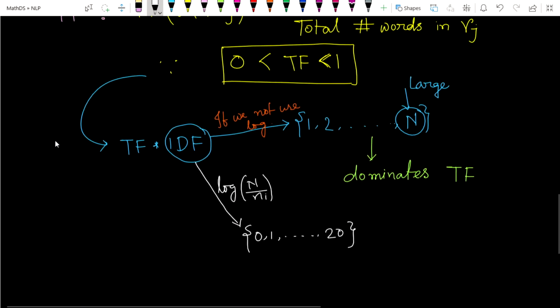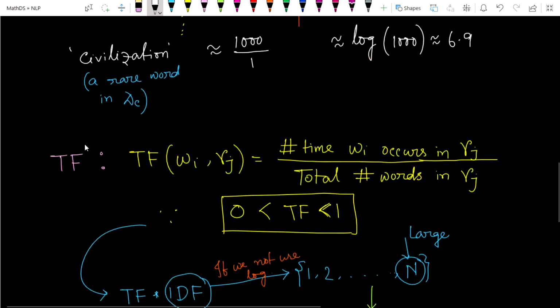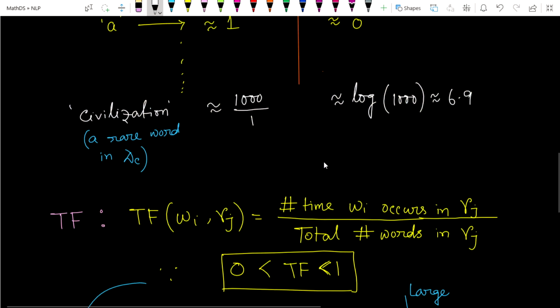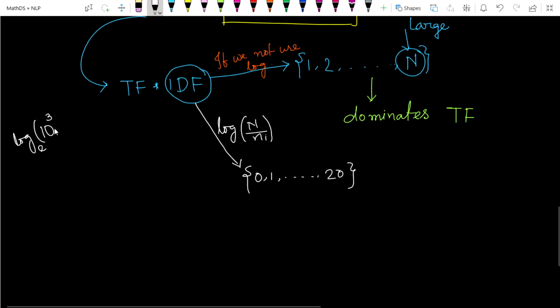If you consider the log of 10,000, or of 1000, which is 10 cubed, I'm talking about the natural logarithm, log to the base e. The value will be approximately 6.9. So for 1000 documents we only get about 6.9.